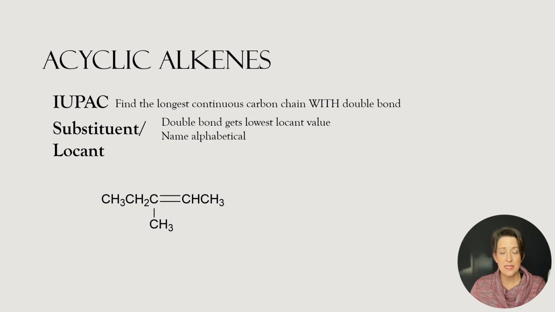So let's add a substituent or a branch to the compound. Like before, we want to find the longest continuous parent chain that has the double bond. Be sure with branches, because they can zigzag, that you are finding the longest potential. I suggest pausing the video and figuring out what that would be. I'm making it easy on you.